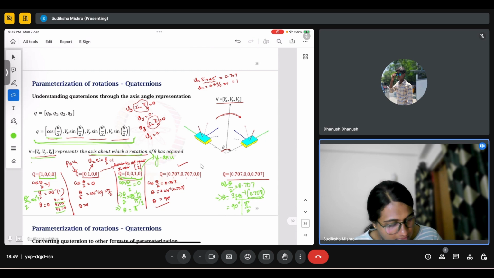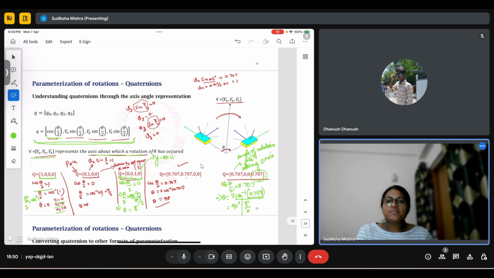And the angle of rotation is 45 degrees along the z-axis. So quaternions essentially let you represent the angle, and the axis that the rotation is happening about.